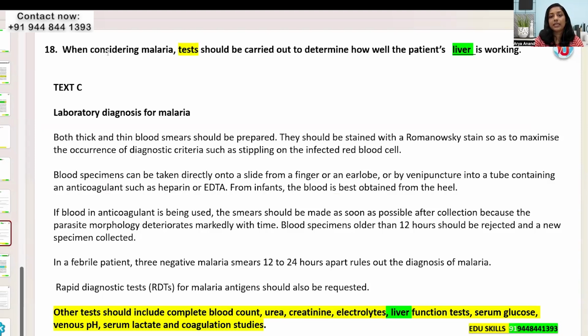When considering malaria, tests should be carried out to determine how well the patient's dash is working. That means the function of that body part. So you need to write only that body part, liver. That organ you need to write. No need to write liver function is working, because it's already in the question.